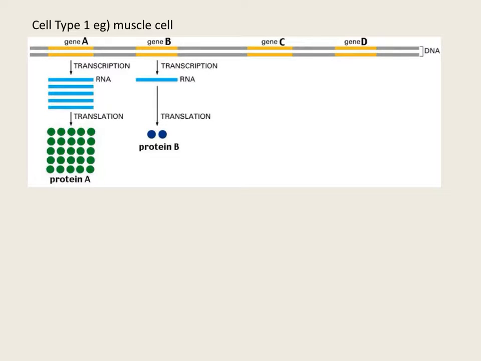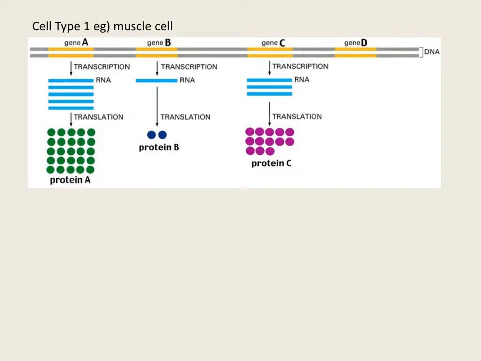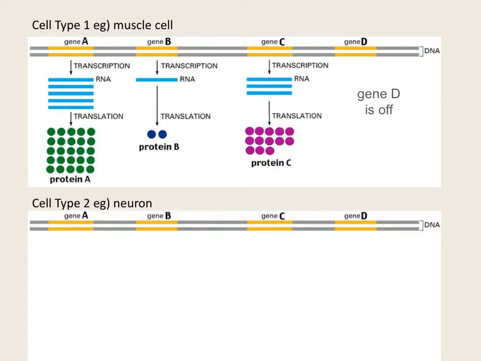And then there's also a transcript for protein B, less of it. C, not as much as A. Then gene D is off.